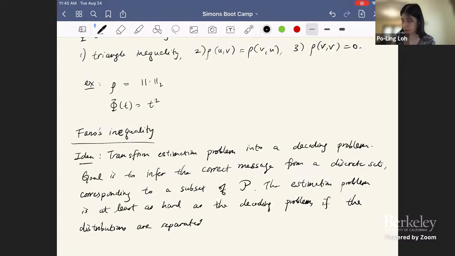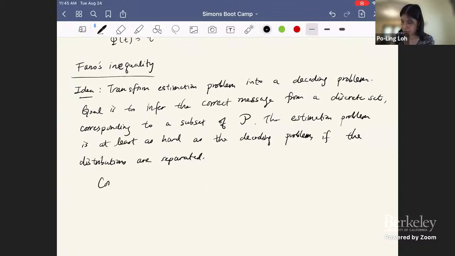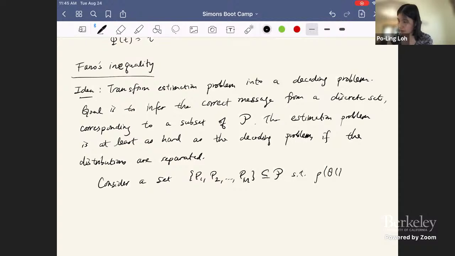So this is all a little bit abstract, so let me tell you precisely what I mean. Okay, so consider a set P1, P2, ..., PM, which is a subset of script P, such that, now here's the well-separated part, we need rho of theta of Pi, theta of Pj to be greater than or equal to 2 delta for all i not equal to j. So remember the rho semi-metric operates on the theta space.